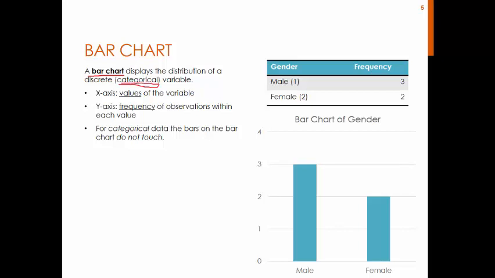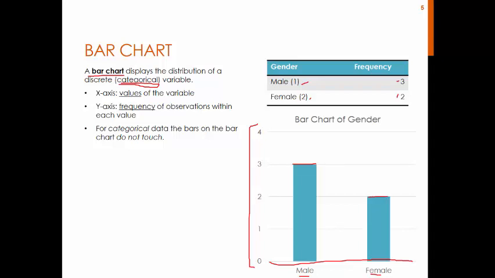On the x-axis here, we see the different levels of our variable, male and female. And on the y-axis, we see the frequency of the observations. So male had a frequency of 3, and the bar height is 3. Female had 2 frequency, and the bar height is 2.